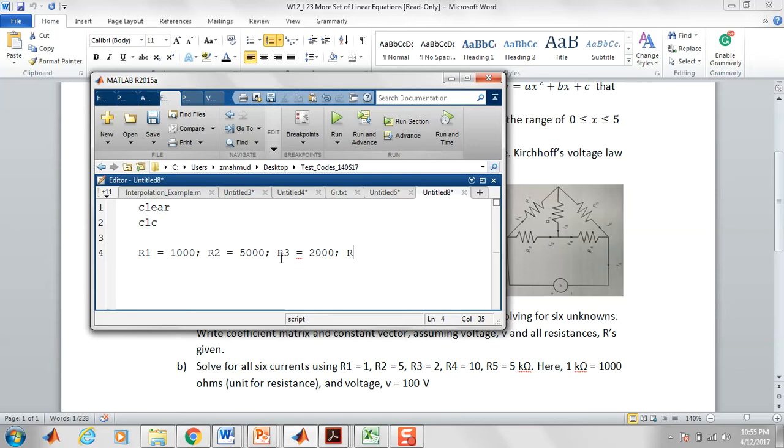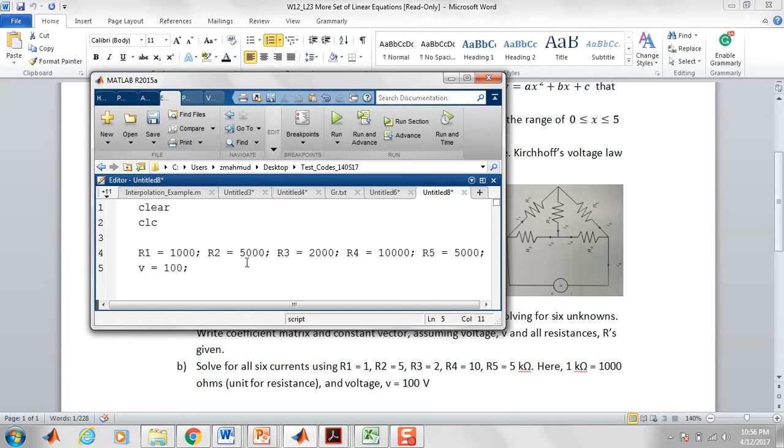Then R4 is 10,000, and then R5 is 5000. So those are our values. And then I also wanted to write the V voltage given, which is 100 volt. V equals 100. So these are done.